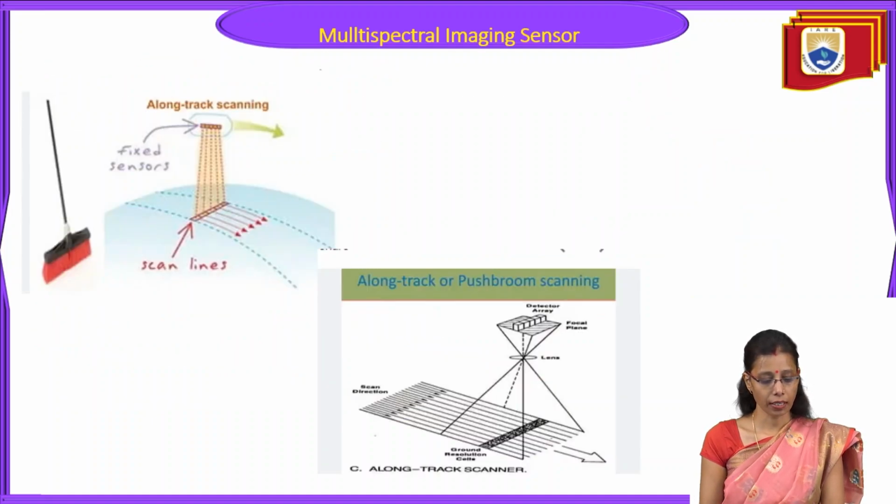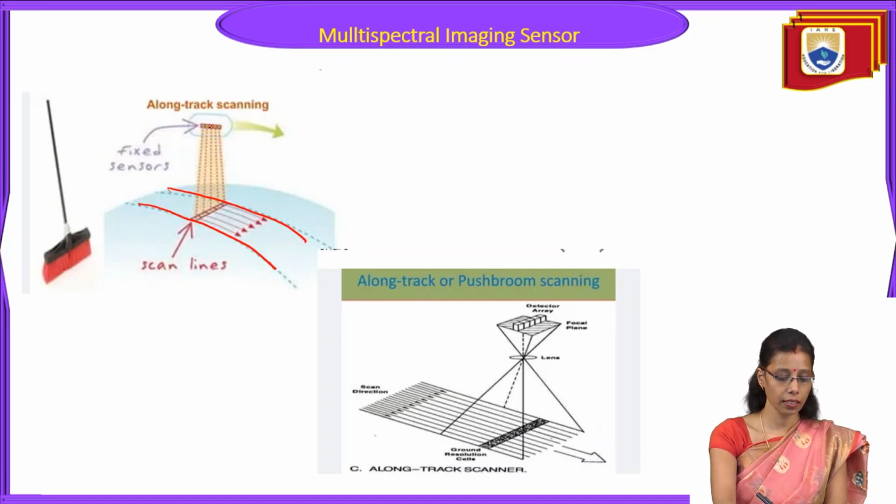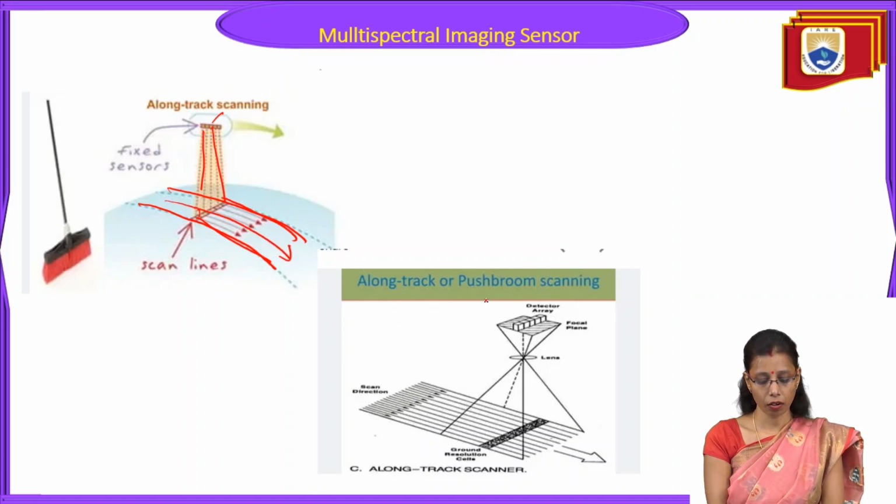So what is along the track scanning? We'll see here. Suppose this is the swath, this is the path, and this is the fixed sensor over here. When the sensor scans, it has to scan in this manner, so it will go along the track. Along the track scanning we generally also call push broom scanning.